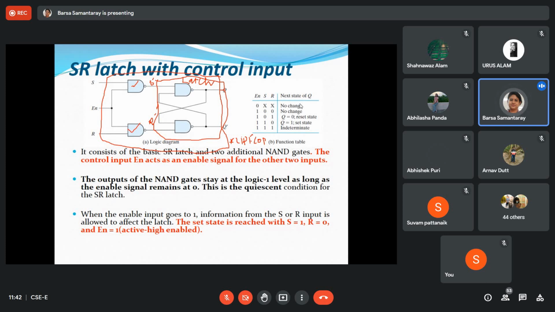Okay, so present state and next state means suppose Q value अभी तुम्हारा Q है तुम्हारा 0. So that is the present state is 0. Then that Q or 0 value is again fed to the combinational circuit and next output is coming as 1.